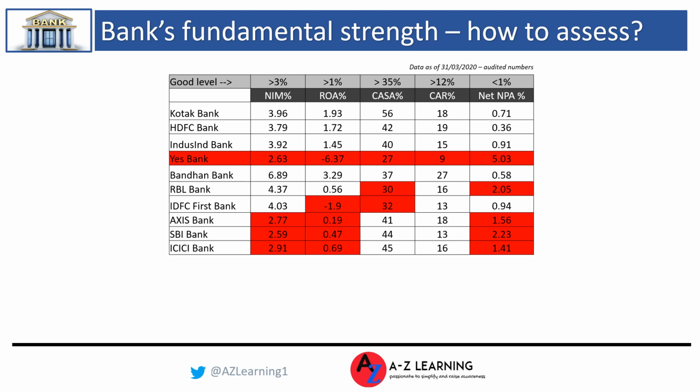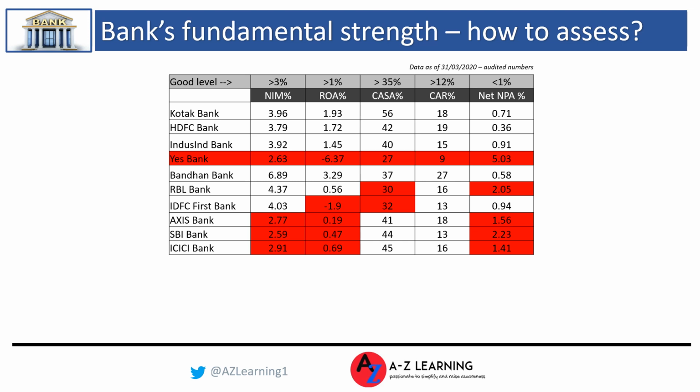But 4 banks that stand out really strong across all these 5 measures are Kotak Bank, HDFC Bank, IndusInd Bank, and Bandhan Bank. All other banks have got some problem or other. Yes Bank is completely a problem child, but all other banks also have got problems. But these 4 banks, Kotak, HDFC, IndusInd, and Bandhan, stand very strong.